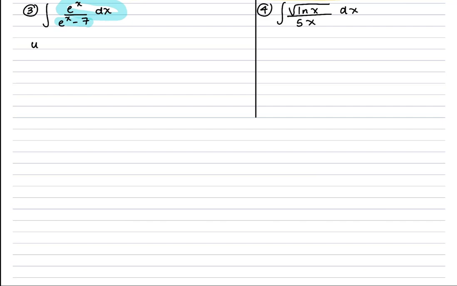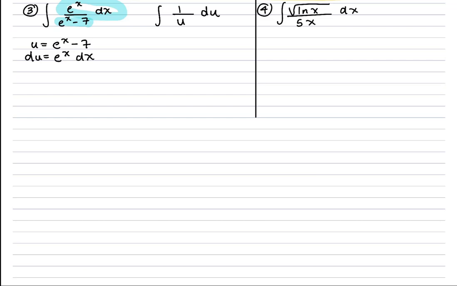So if I make my u e to the x minus 7, taking as much as I possibly can of that denominator, and then I take the derivative of that, derivative of e to the x, the derivative of a constant is 0. I notice that I can rewrite this integral as 1 over u du.